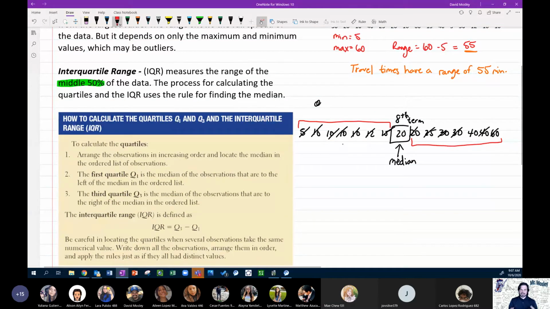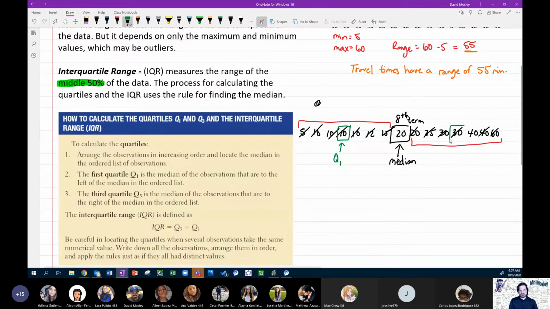I need to find the median of both sides to find Q1 and Q3. So our median over here is going to be this 10th term, and we call that Q1, or the number 10. It's the 4th term that falls in the middle. There's 3 terms on each side of this.